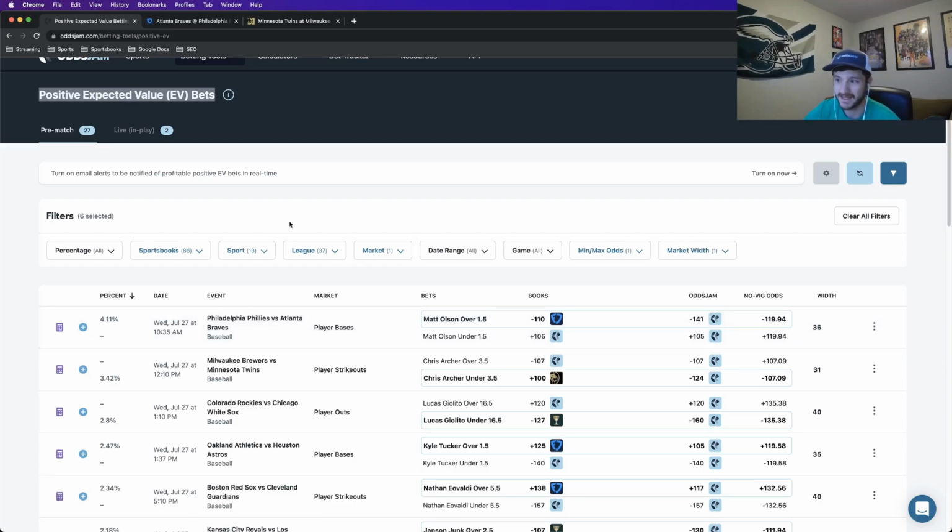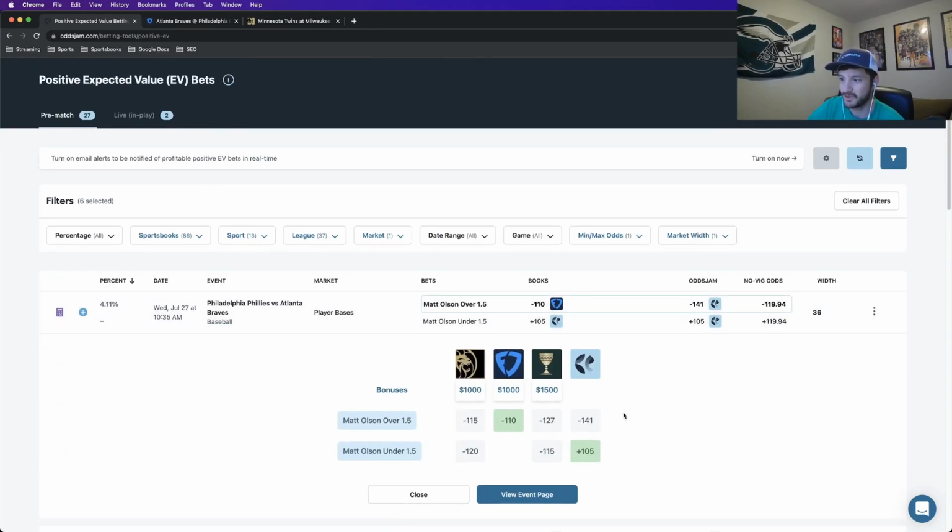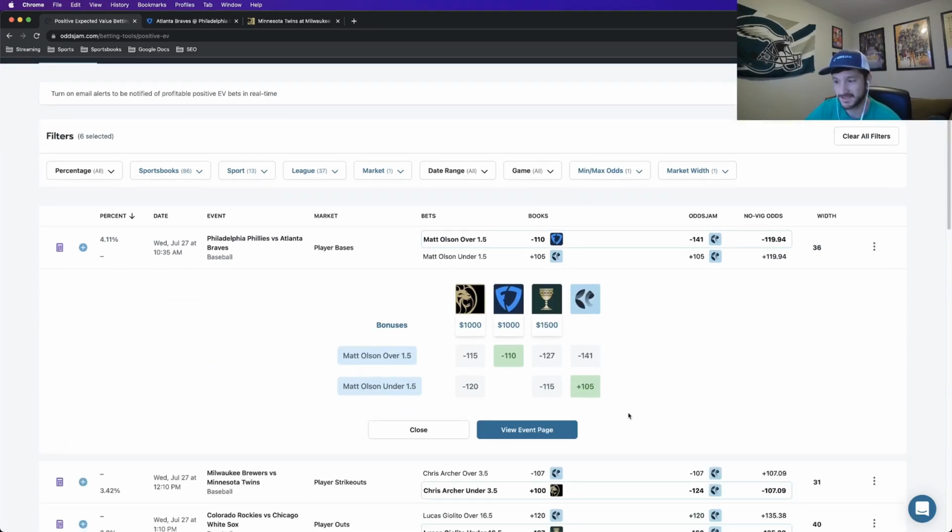Another thing I like doing before deciding whether I like a play is clicking in anywhere, and it gives you pricing for what every other sportsbook prices these odds at. BetMGM has it a little bit closer to the OddsJam line at minus 115, but Caesars has it at minus 127, and the OddsJam line is minus 141. So both Caesars and the OddsJam line view the over 1.5 total bases as the more likely outcome.